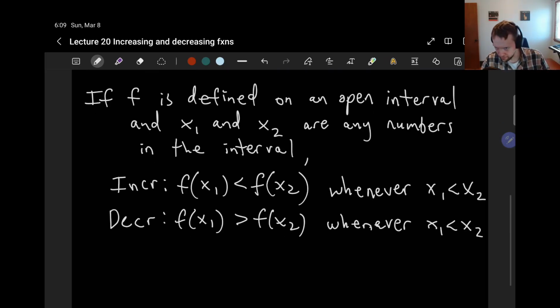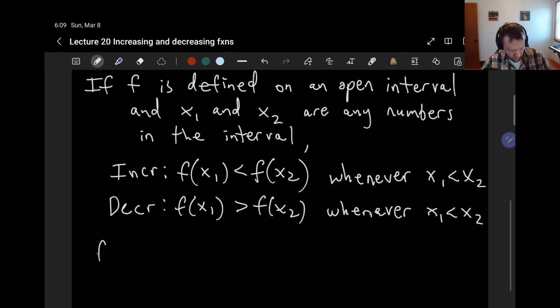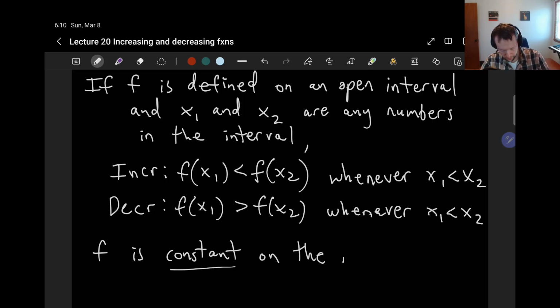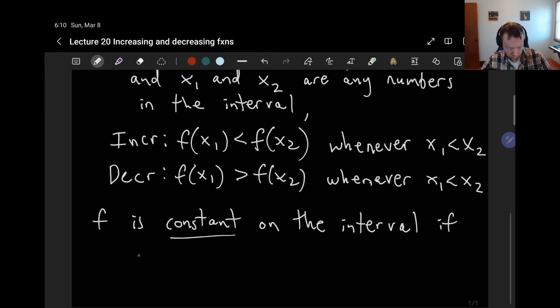And just for good measure, let's throw in constant as well. It's another alternative to increasing versus decreasing. F is constant on the interval if the y values are equal.